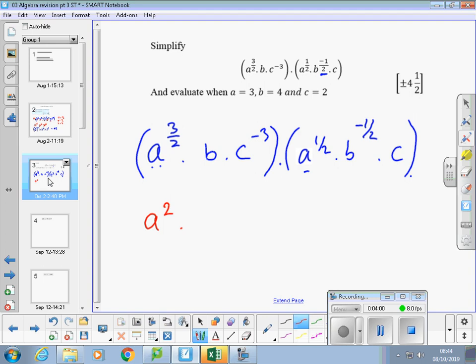And then we've got b, and b to the minus a half. What do we end up with? Remember, what index could I put on that b and it'll still be equal to b? 1. Any number to the power 1 is equal to that number. So applying the rules of indices, I've got 1 there and minus a half there. So what do I end up with for b?